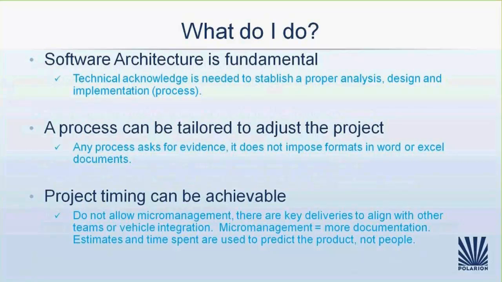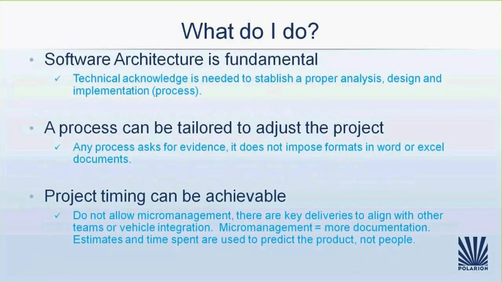Okay. And then we have the project timing that can be achievable. Do not allow micromanagement. Of course, there are key deliverables to align with other teams of the product itself or with the vehicle integration because it needs to happen, right?